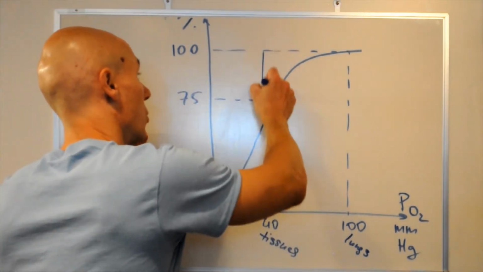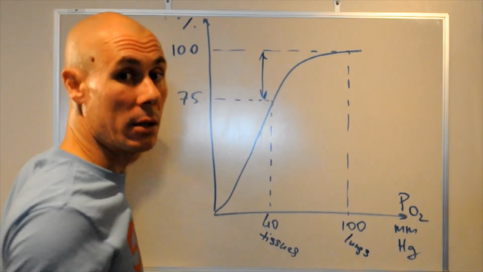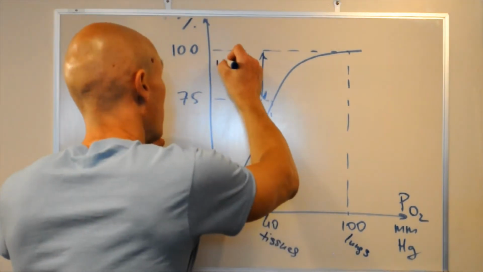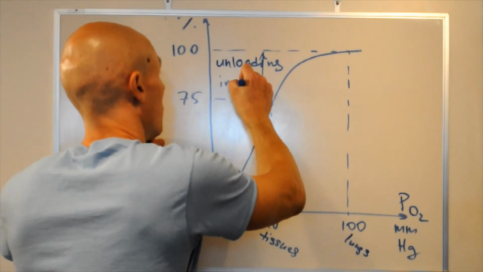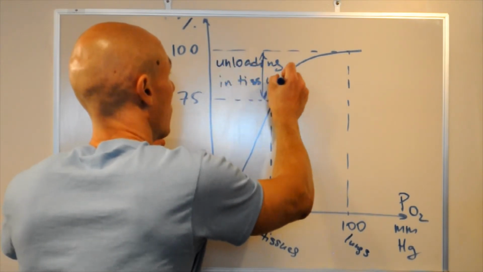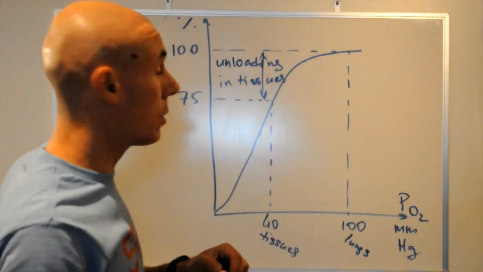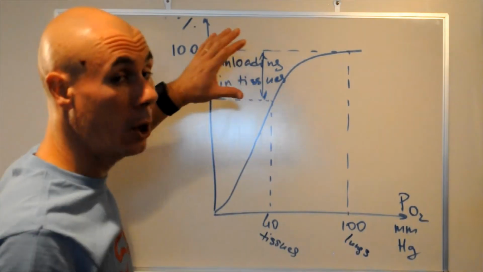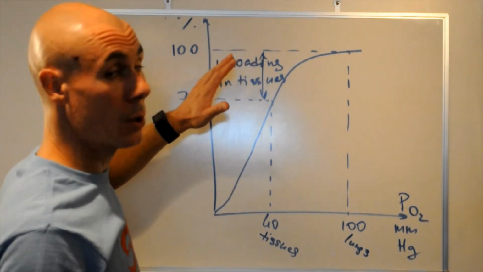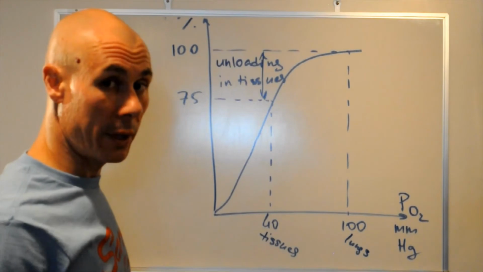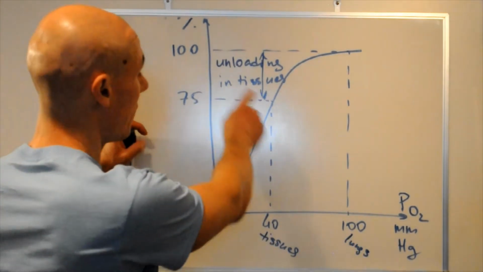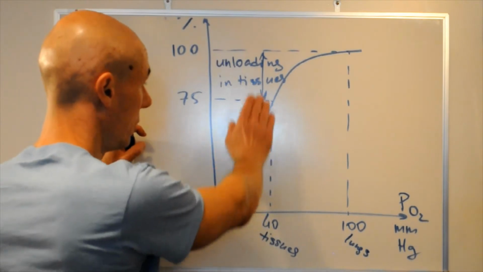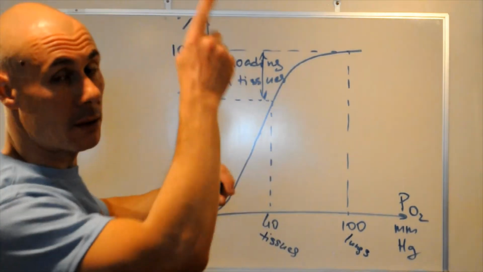And that drop, 25%, is what is actually unloading in tissues. So you can see that only a quarter of all the oxygen that hemoglobin carries is delivered to tissues. Okay, so this 75%, this oxygen goes back to the lungs.